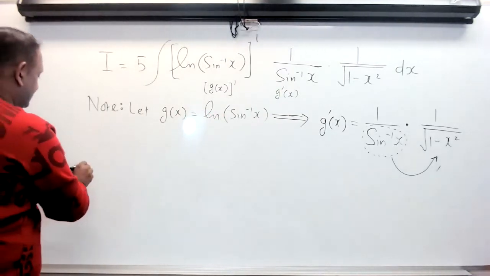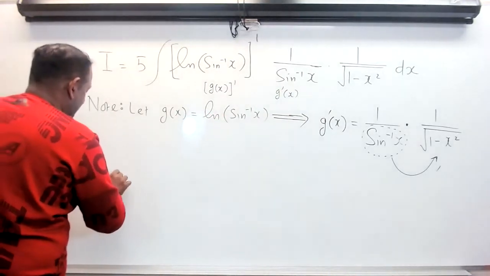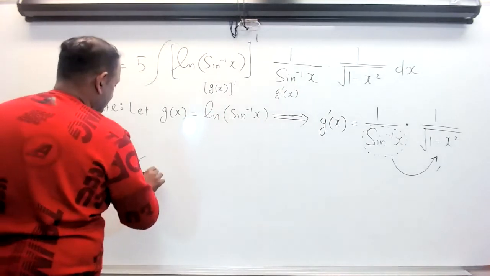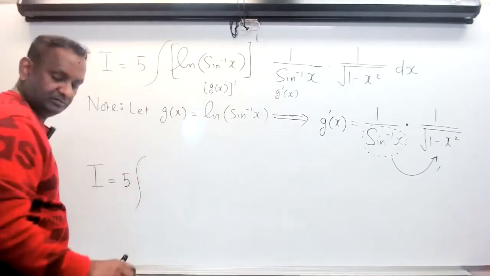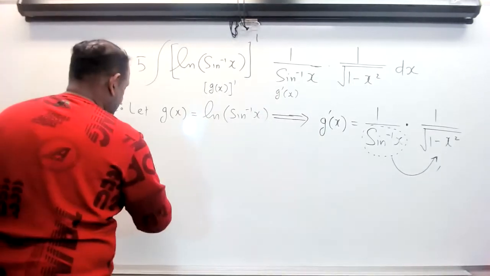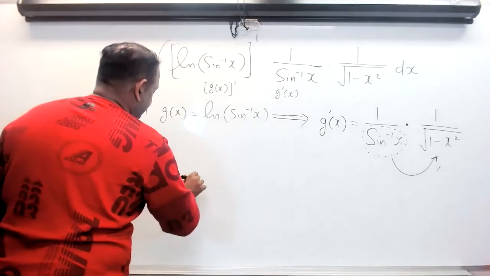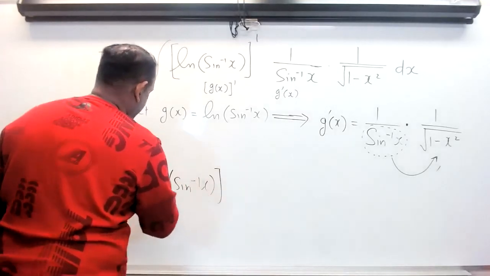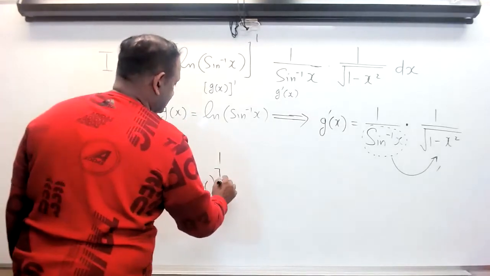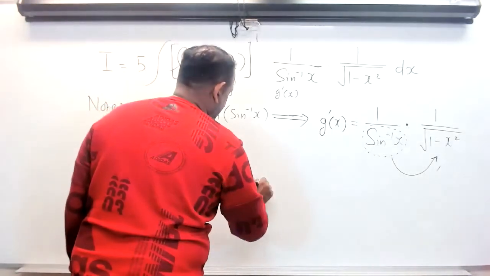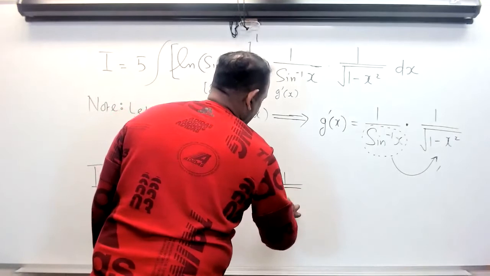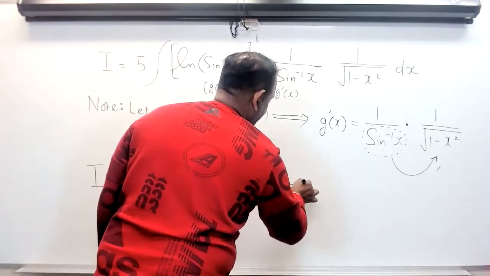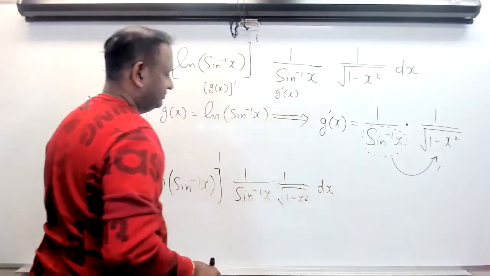Therefore, we can easily write I = 5 times the integral of ln(sin⁻¹x) times 1/(sin⁻¹x) times 1/√(1 − x²) dx.